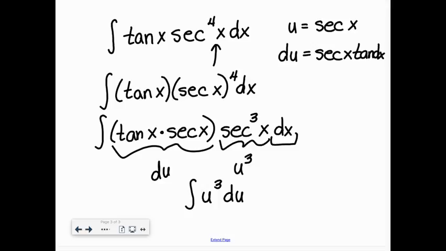Okay, let's try one more. Let's say you have the integral of the natural log of x over x. This is one to really think about, because I did just give you the general idea that a lot of the time when you have a fraction, u is going to be what's on the bottom.